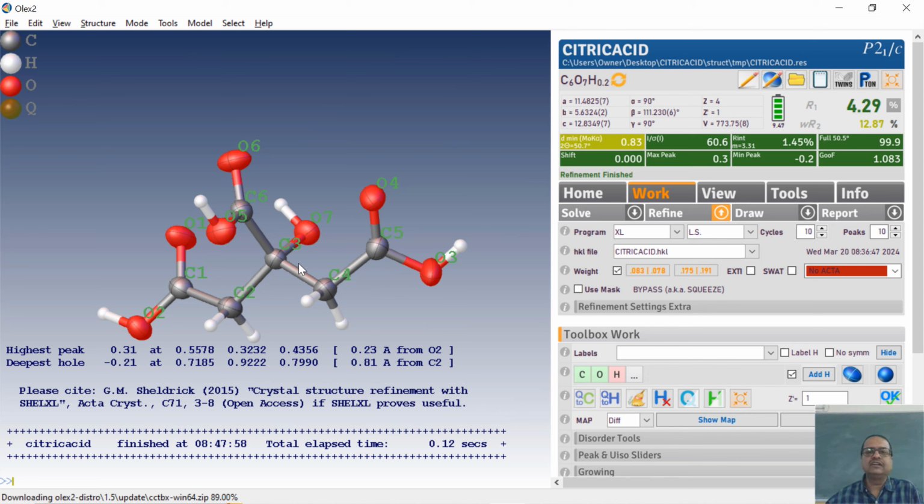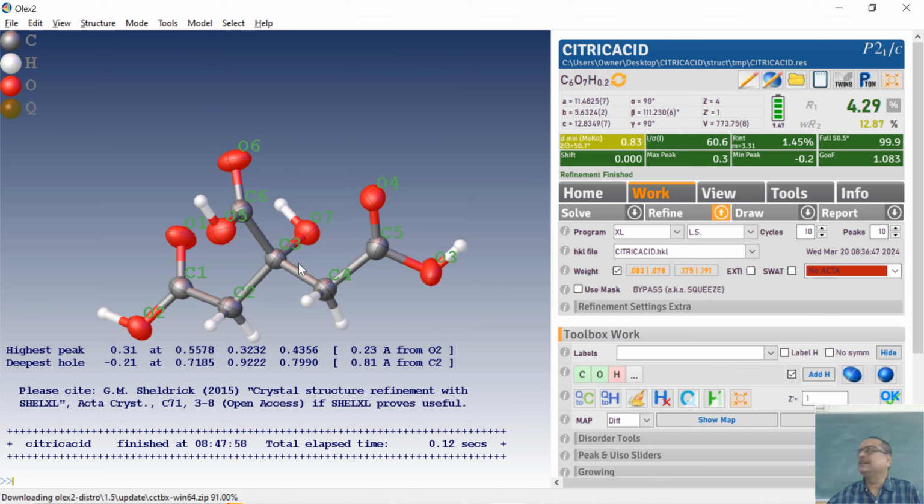If you try to determine the hydrogen position and then the corresponding bond length using neutron diffraction data, then you will see the bond lengths for carbon-hydrogen and oxygen-hydrogen are falling at about 1.06 to 1.08 angstrom.